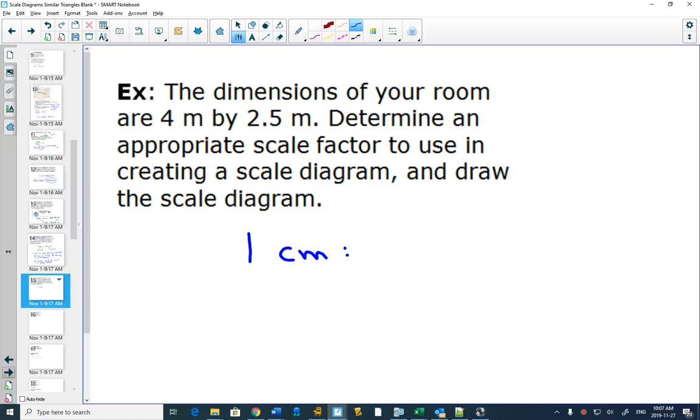So we have to think of what kind of scale we could use so that we could draw a scale diagram of this idea. Any thoughts of what you could do?